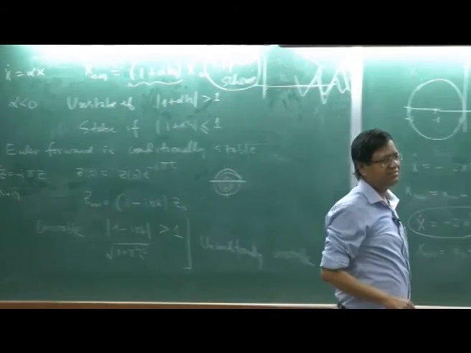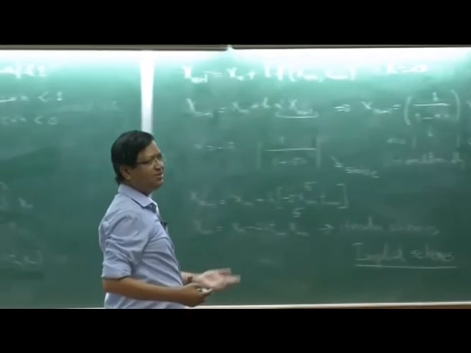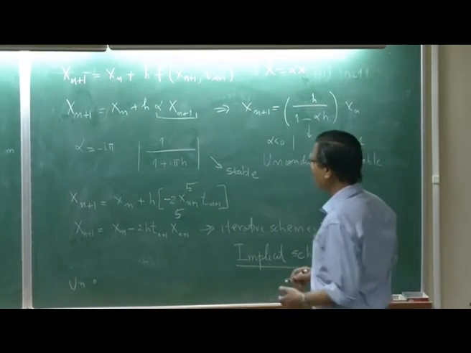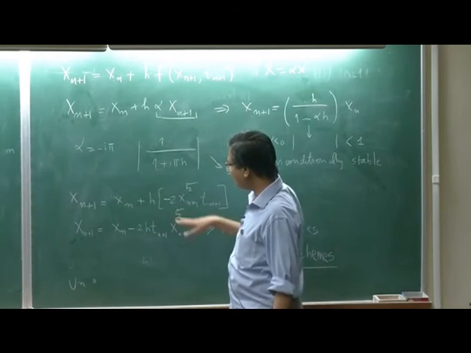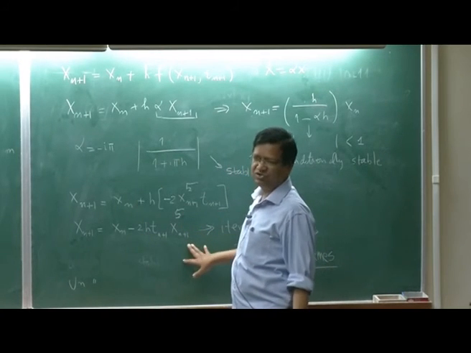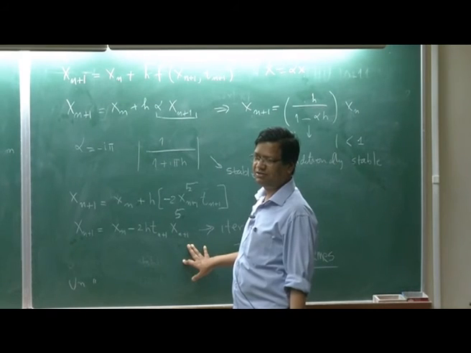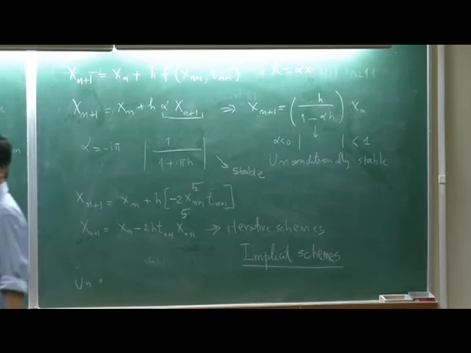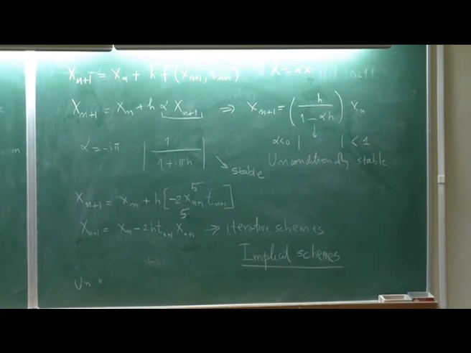In the explicit scheme my xn plus 1 is in terms of xn, but in the implicit scheme xn plus 1 is a function of xn plus 1 itself. Implicit schemes are typically more stable, and when we do PDEs, I will tell you that you need to use an implicit scheme for stability.